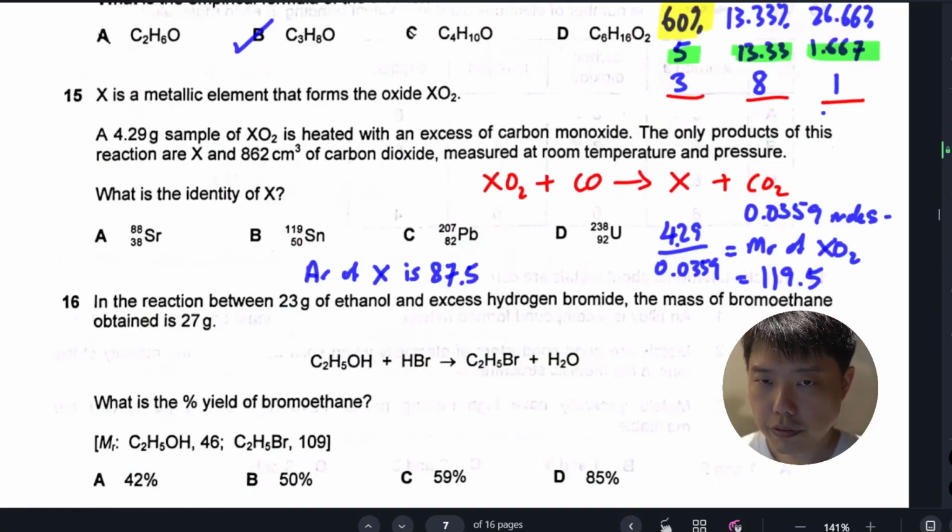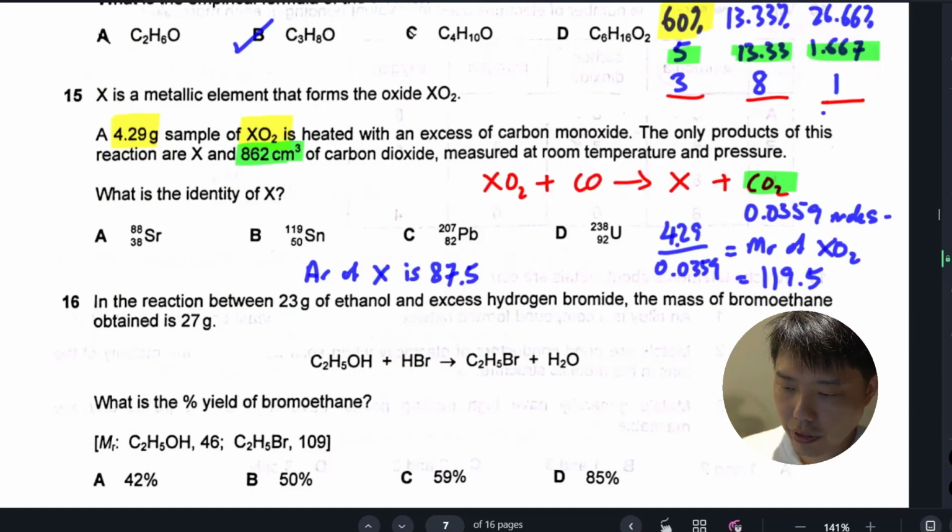Okay, so for question 15, it's just more of a concept question. We have 4.29 grams of XO2 reacting with carbon monoxide. So this is like a reduction. And we are told that there is 862 cm³ of CO2 being produced.